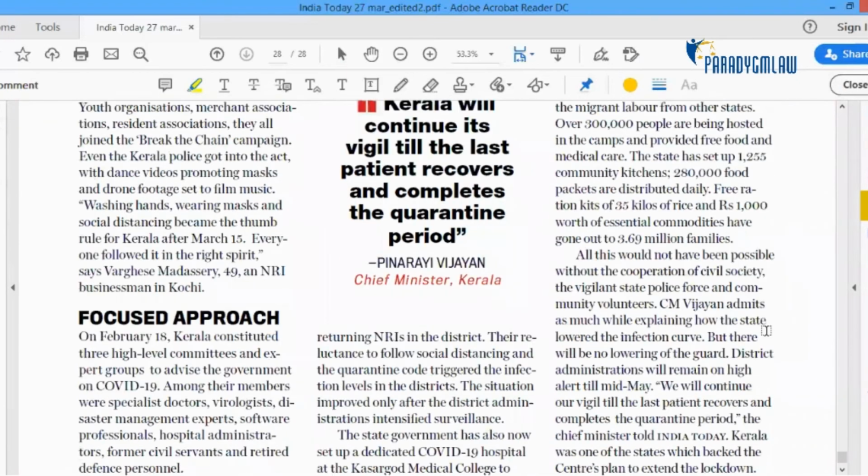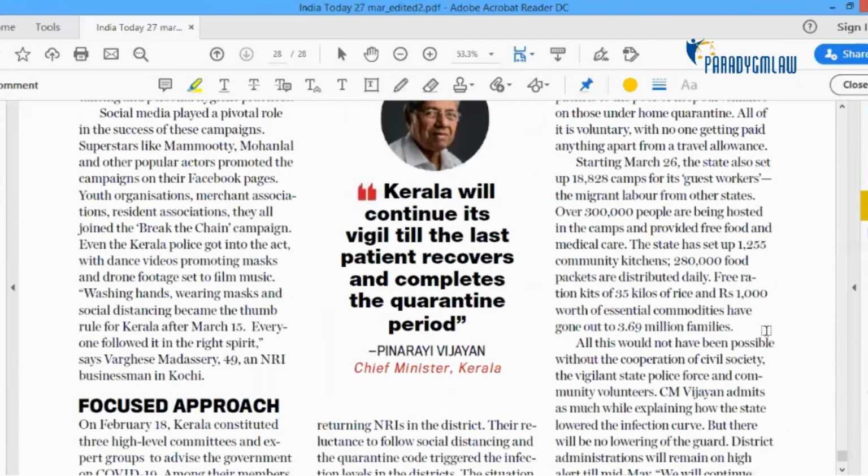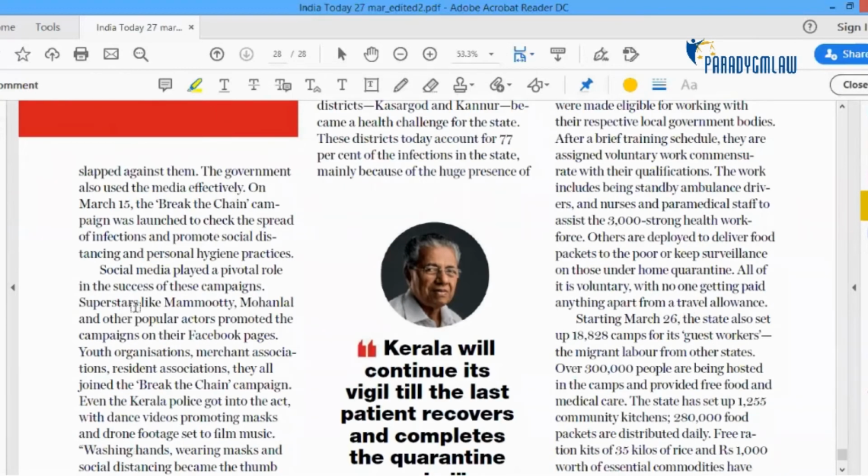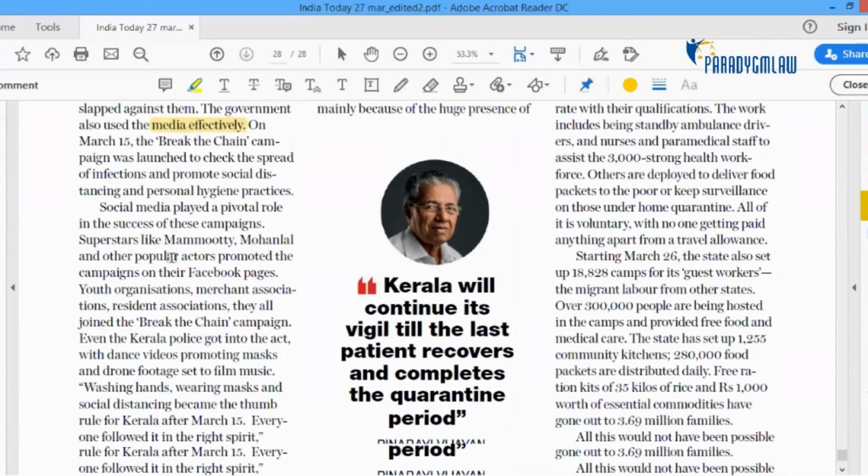We have about one more page to go. Okay, so far you will have a fair idea of how Kerala did take certain steps in a timely manner. Okay, so let's also look at how the media was used by the government.